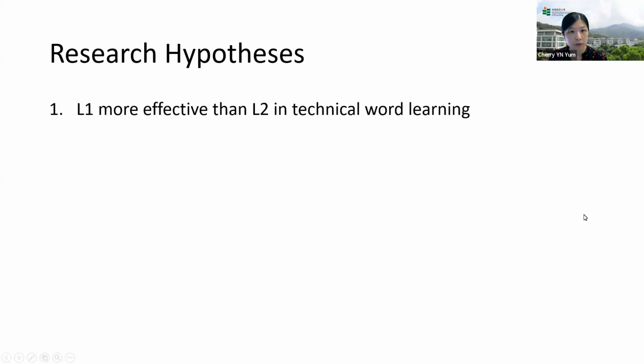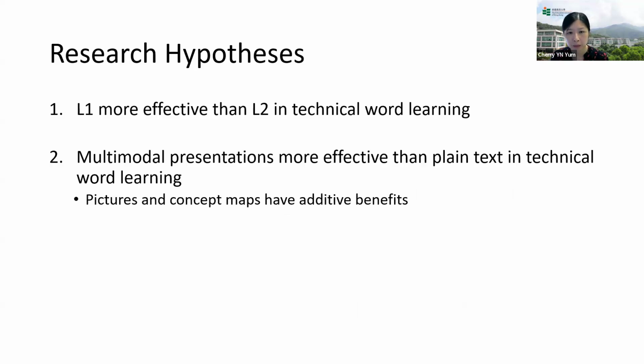We have a few research hypotheses. First is that L1 should be more effective than L2 in technical word learning, so it should be shown in a group effect. Secondly, we would expect multimodal presentations to be more effective than plain text in technical word learning, if we believe in these multimodal presentations being beneficial.